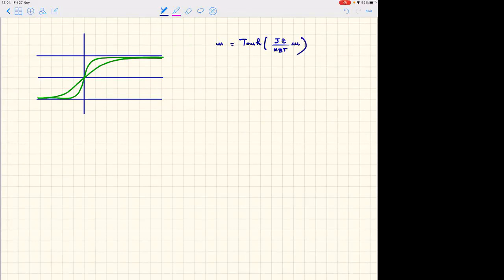Now you see that this Jz over kBT is essentially setting the slope of the tanh at x equals 0.